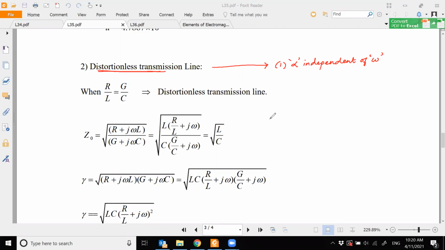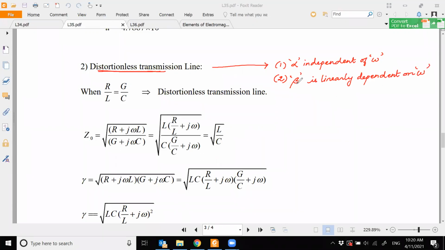So that all the frequency components in the signal, for example your voice signal or any signal that is being transmitted, are attenuated with the same value. And the second condition is that your beta, which is the phase constant, is linearly dependent on the frequency.